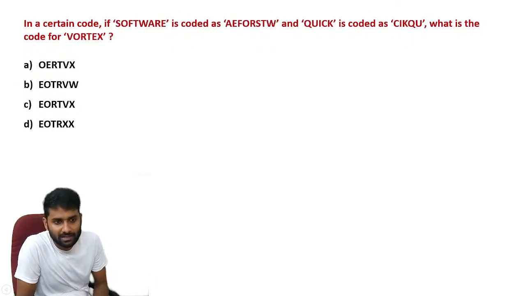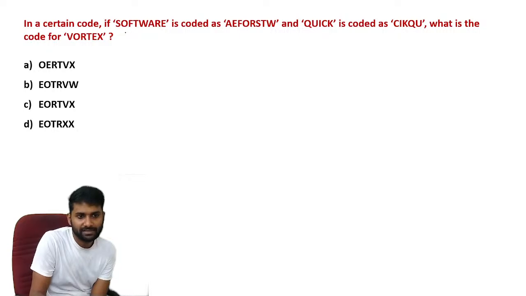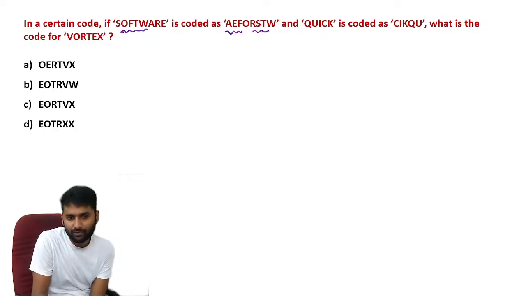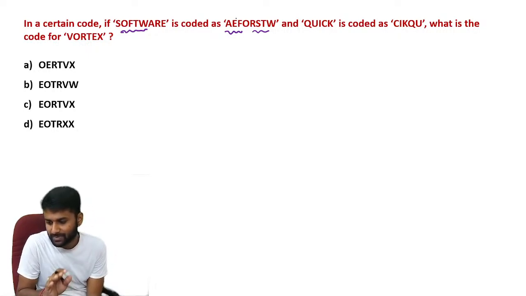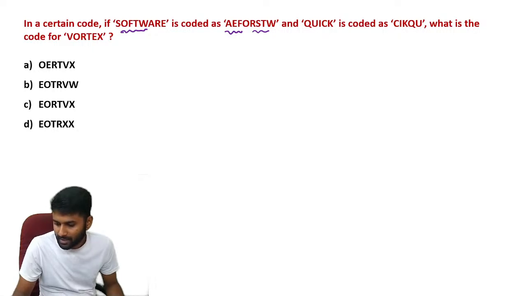Next. Find the logic here. Guys, see, if all the letters in the given word are repeated, the logic must be jumbled. Verify in jumble. If the letters are not repeated, verify in terms of series. Two methods: series method, jumbled method.